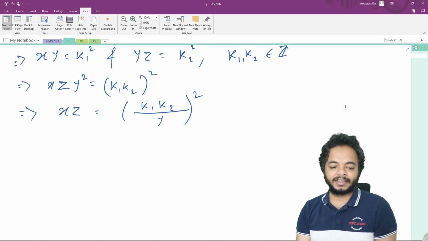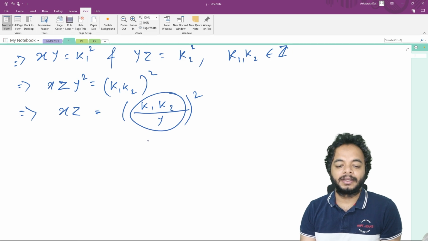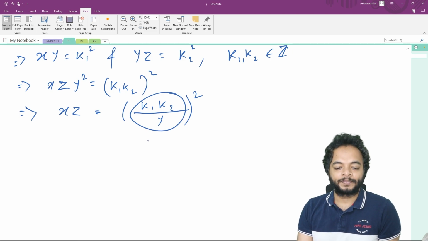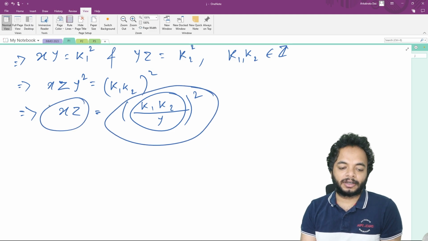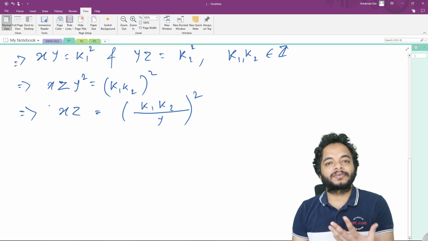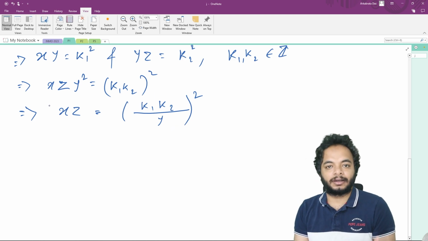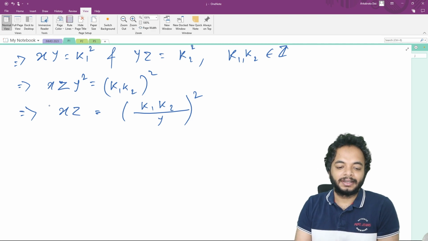The first thing to note is that whatever is inside this part is a rational number. And the whole thing needs to be an integer, because the left hand side is an integer. Now, the square of a rational number is an integer, which also means that the rational number is an integer.